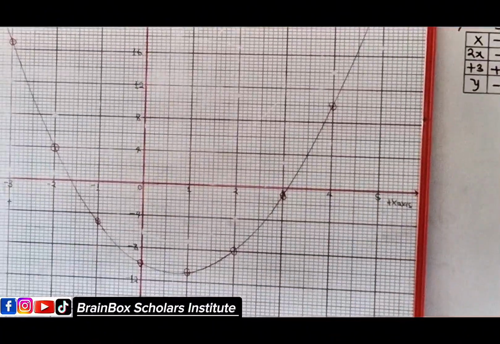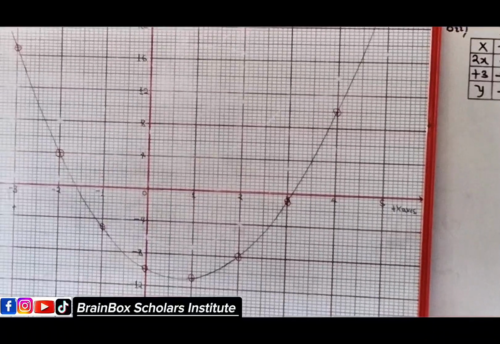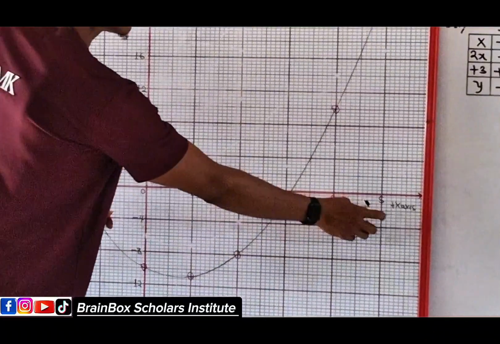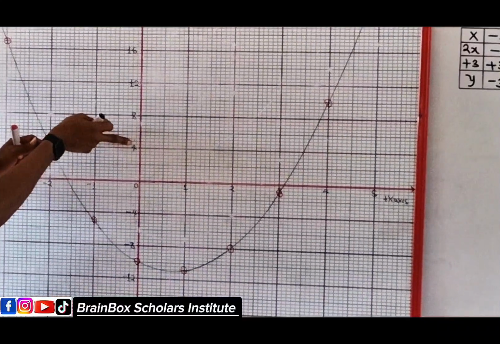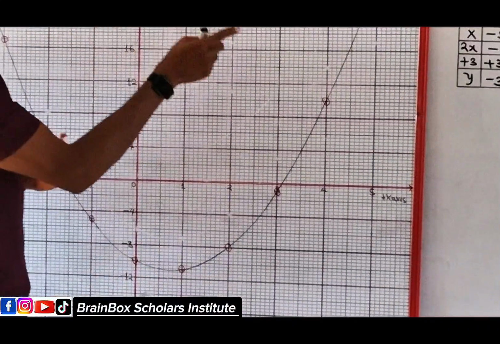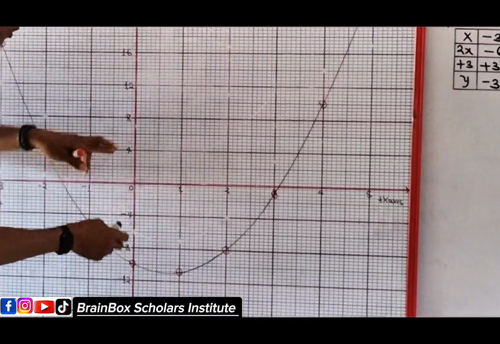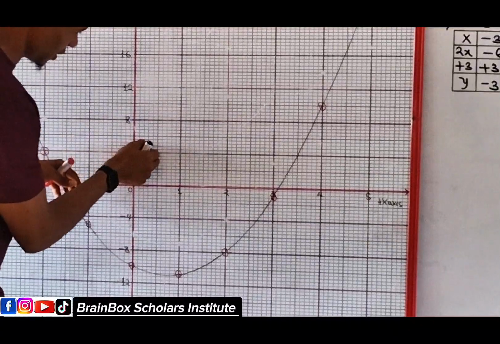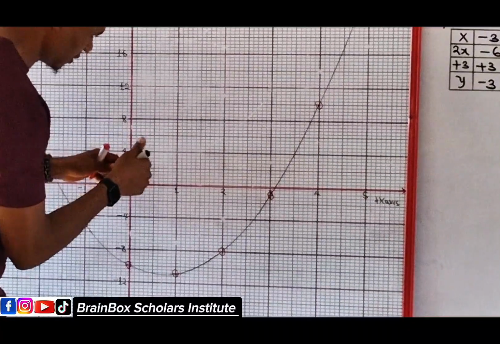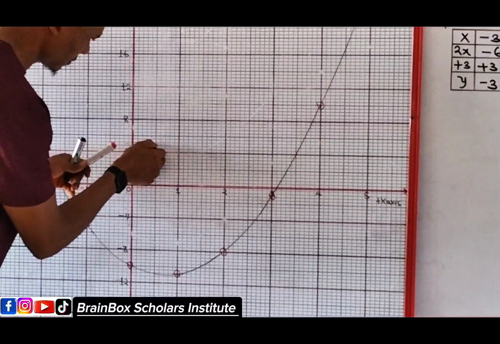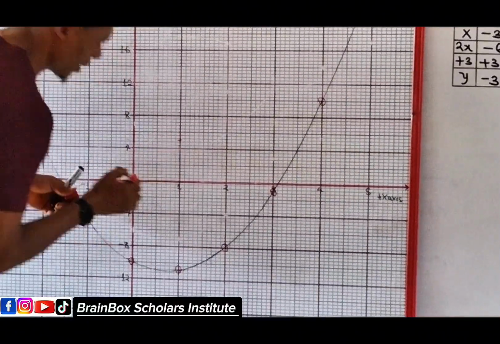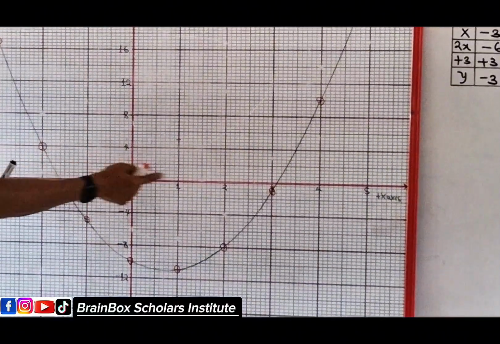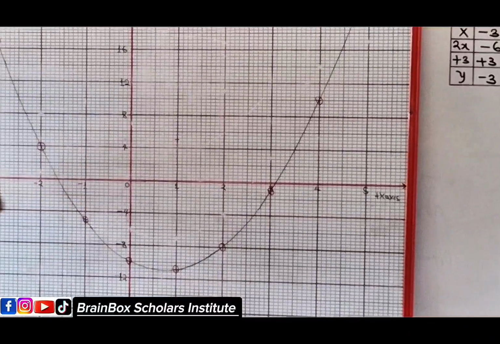Okay, so let's connect it. So where is 5 there? The 5 on the y-axis, and 1 on the x-axis. So let's connect two of them. Okay, so here. Alright, so you see that? So 1 and 5.